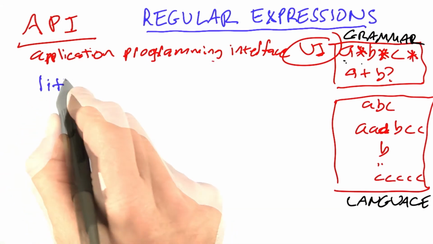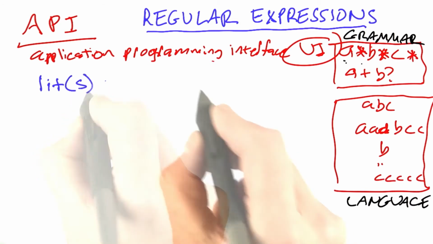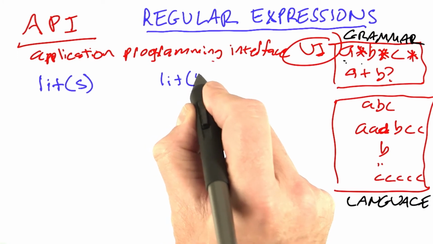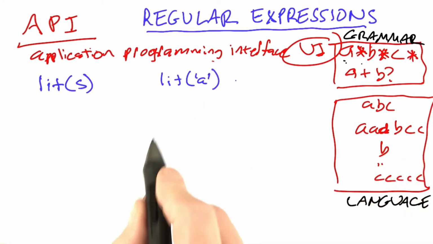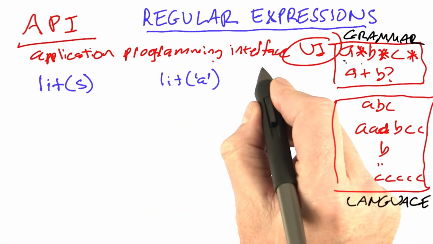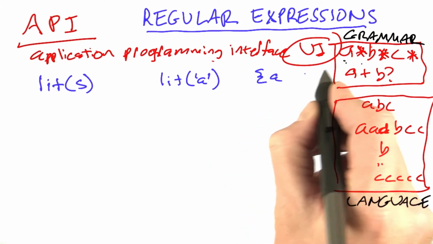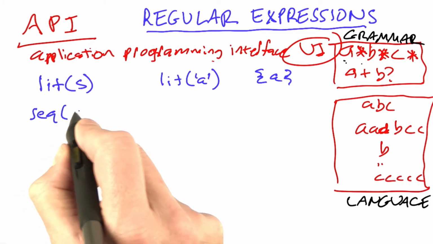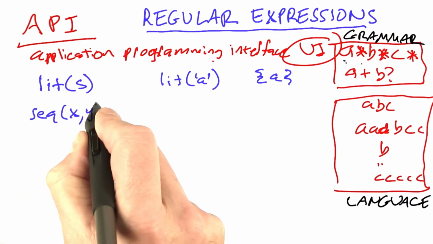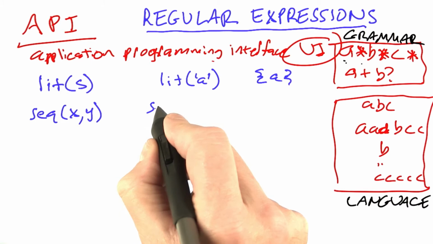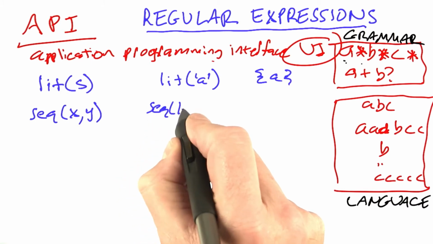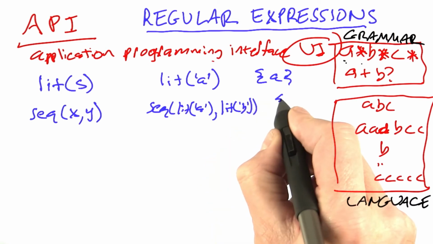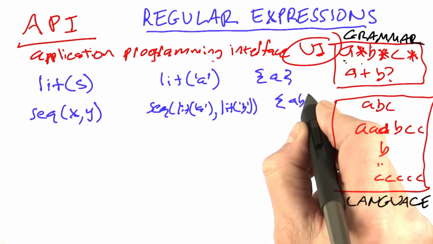First, a literal of some string s. So for example, if we say literal of A, then that describes the language consisting of just the character string A and nothing else. We have the API call sequence of X and Y, so we could say sequence of literal A, literal B, and that would consist of just the language, just the string AB.